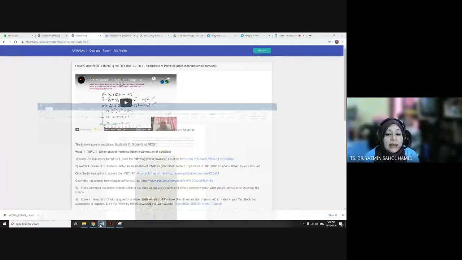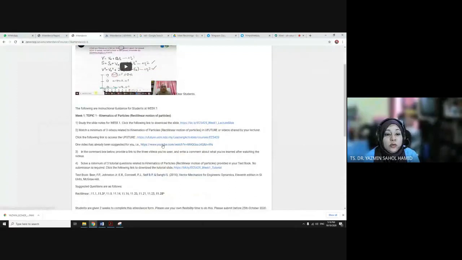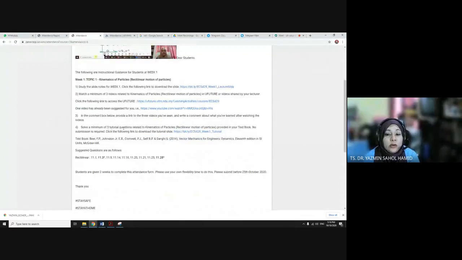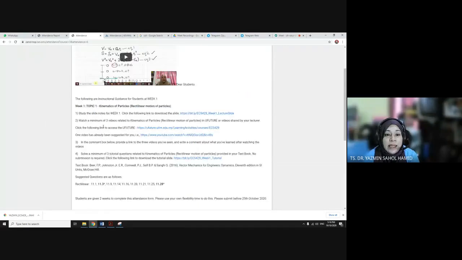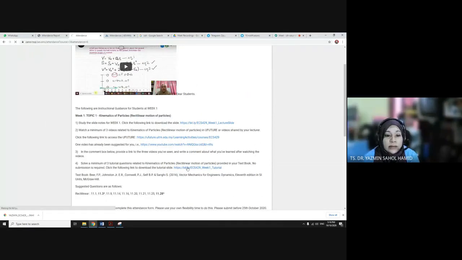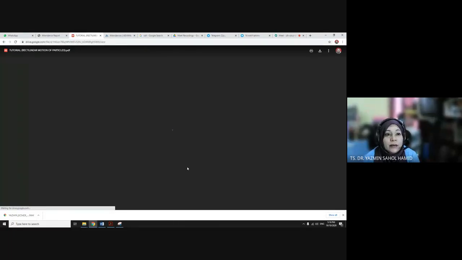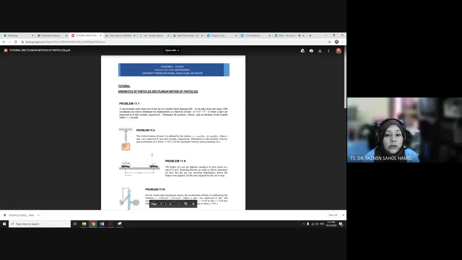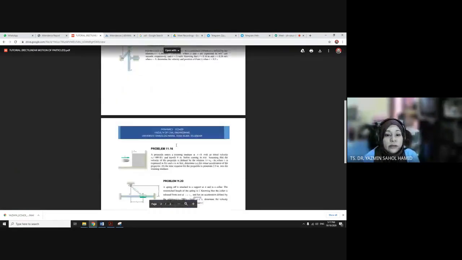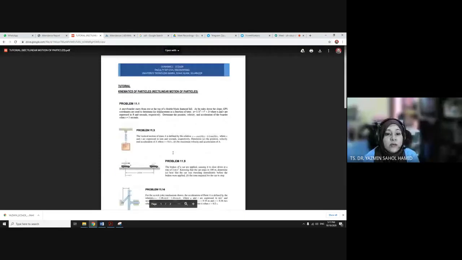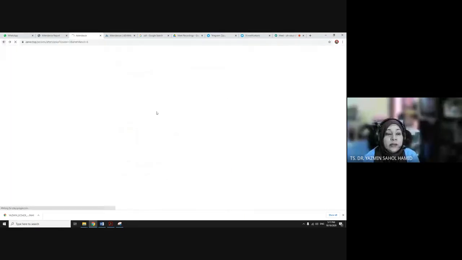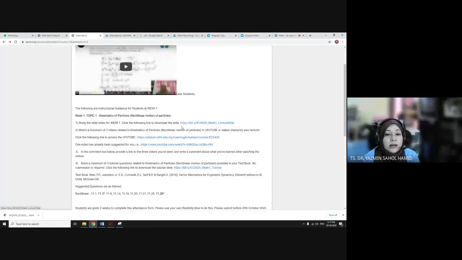And then after that, you should also be able to do the other tutorial questions available inside these albums. You just click this one, tutorial question. Then you open a tutorial question and try to solve it. Try to solve questions that are related to rectilinear motion.